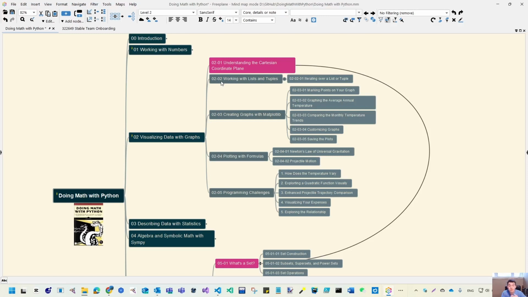Those are the ways I would like to keep expanding the knowledge within this mind map. If you want this dynamic way, please go to search for Free Plane and install it. Then you can open this file.